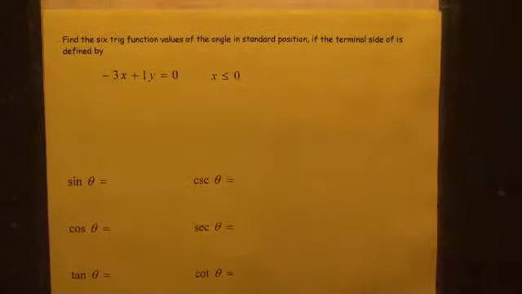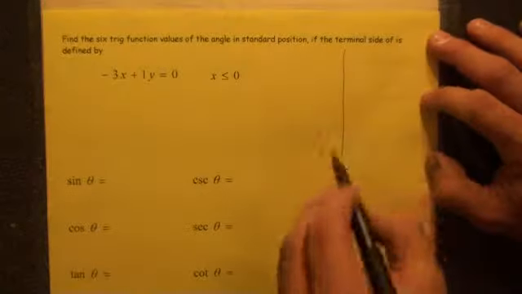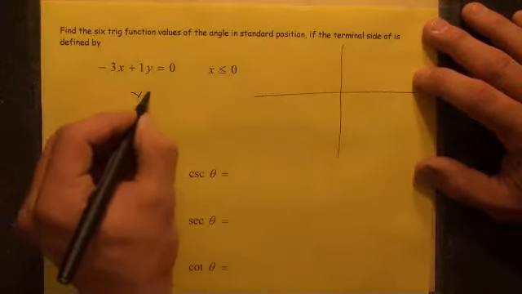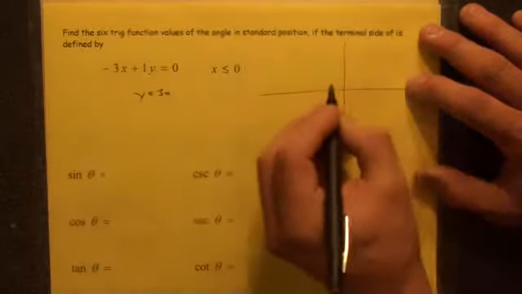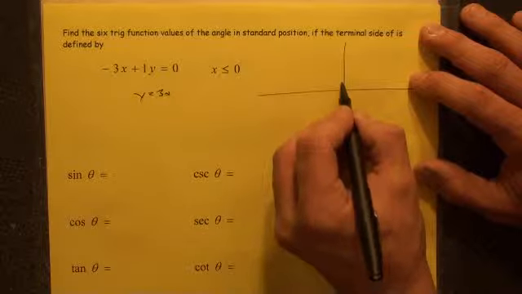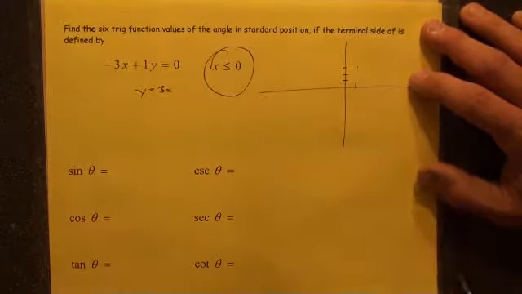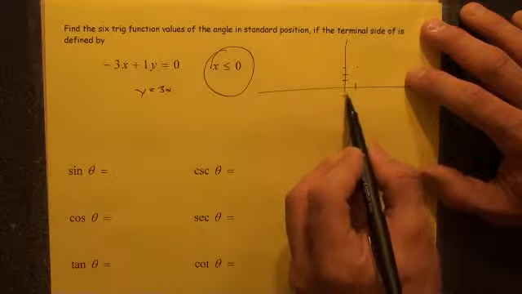Alright, next one. We have negative 3x plus y equals 0, with x less than 0. This is basically the same problem. It looks like y equals 3x, so we're looking at a slope of up 3, and it would have been to the right 1, but the x values, the domain, are negatives.